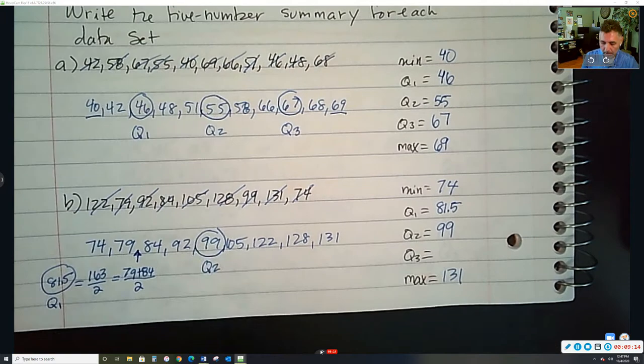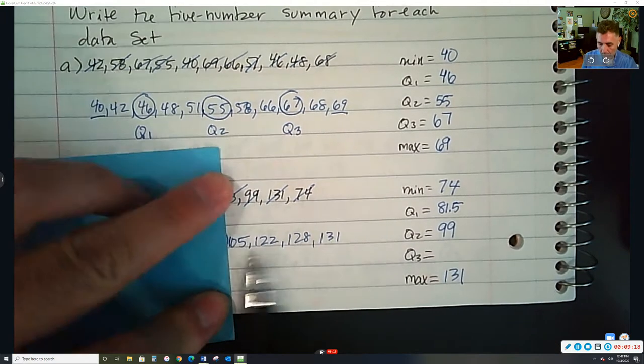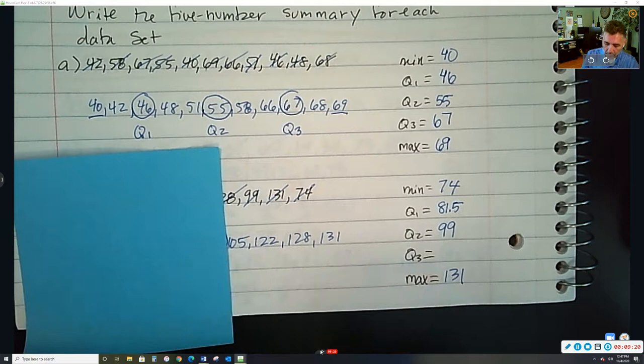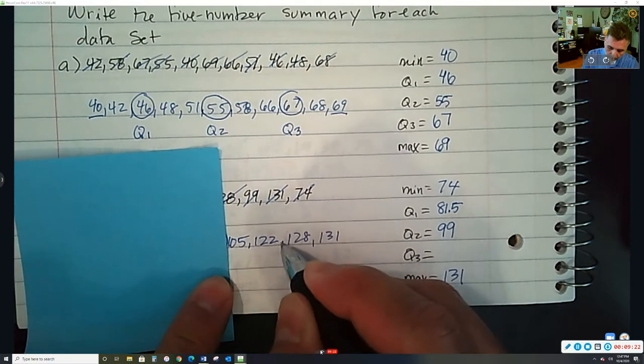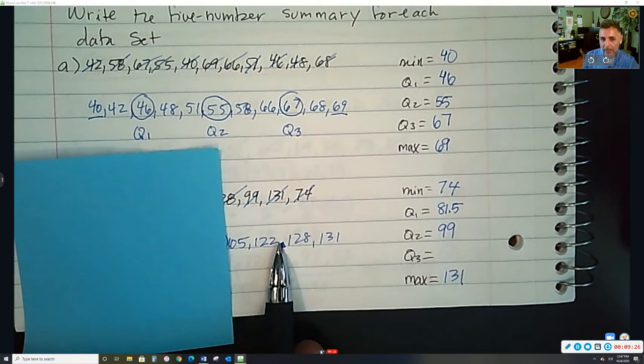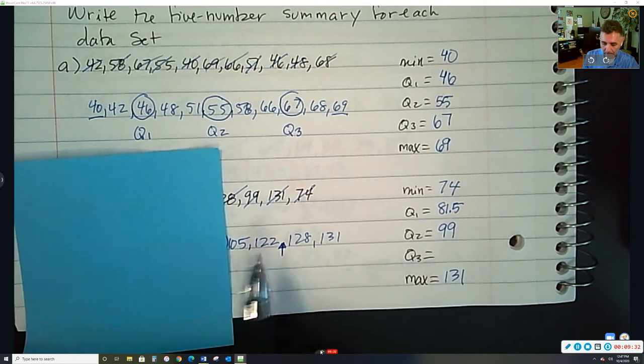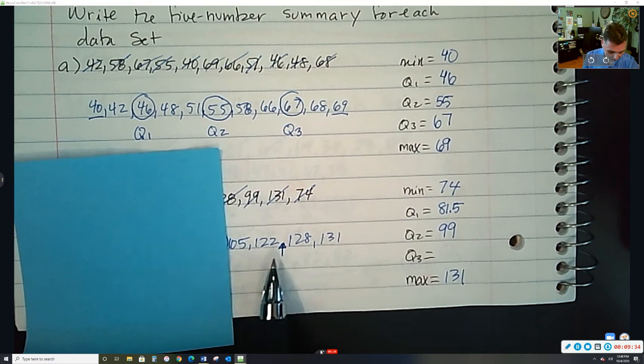And now I'm going to cover up the lower half of the set and just look at the upper half and say, okay, the middle number is in between these two, right? It's in between 122 and 128 because there's 2 over here and there's 2 over here, so the middle is there.